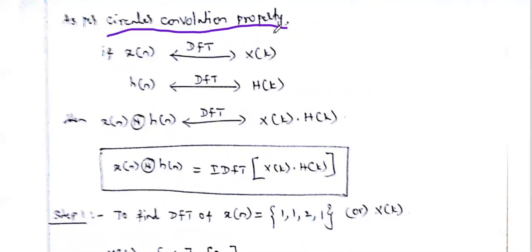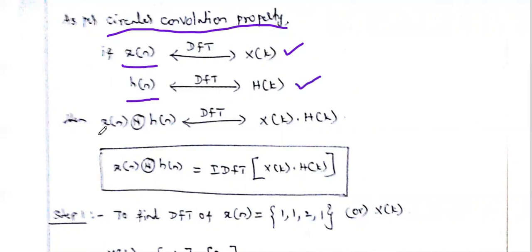As per the circular convolution property of DFT, we take two sequences, one is x of n, another is h of n. The DFT of x of n is indicated by capital X of k, and the DFT of the h of n sequence is capital H of k.